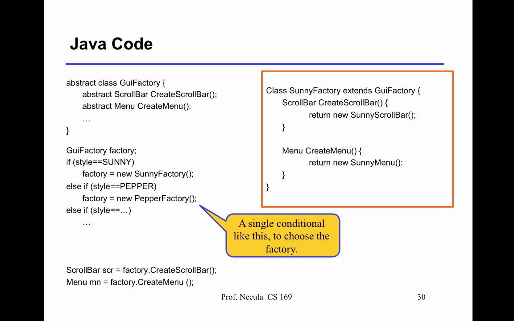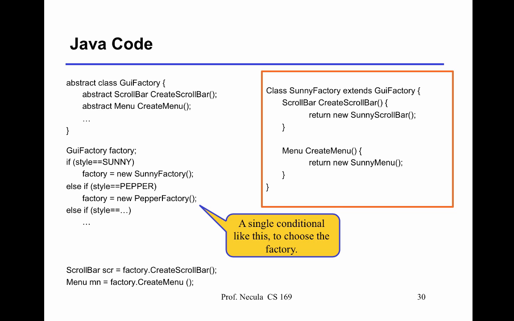Okay? And this is an example of the Sunny factory. The Sunny factory is an instance of GUI factory. And it knows how to create scroll bars, but it will create the Sunny scroll bar. And the create menu will create the Sunny menu. Because the moment I choose this factory, everything created by it will be Sunny.